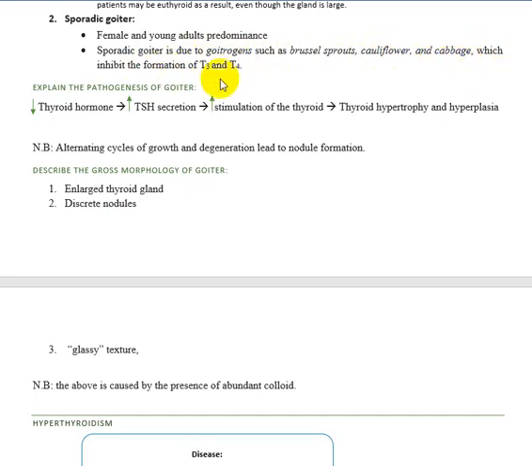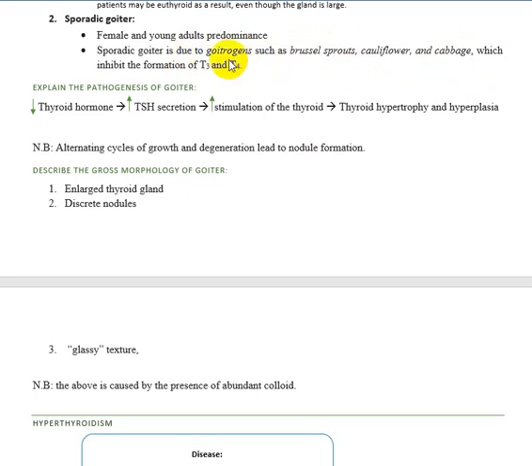So in sporadic goiter, females and young adults take goitrogens like Brussels sprouts, cauliflower, and cabbages. When you take excess cabbages, excess cauliflower, and excess Brussels sprouts, which are mainly vegetables, they act as goitrogens and cause decreased T3 and T4 thyroid hormones.